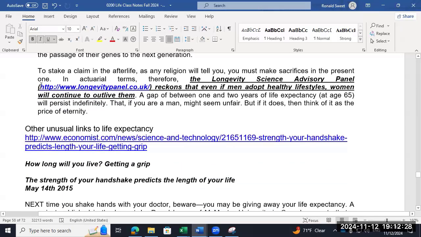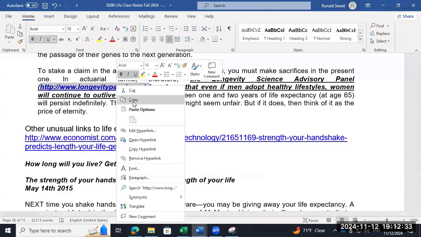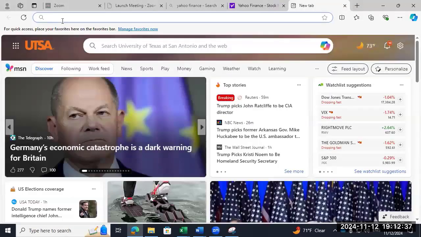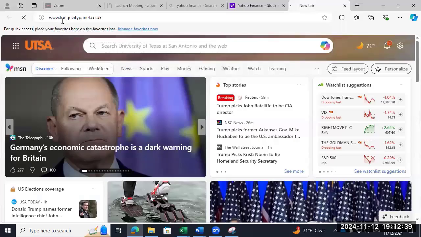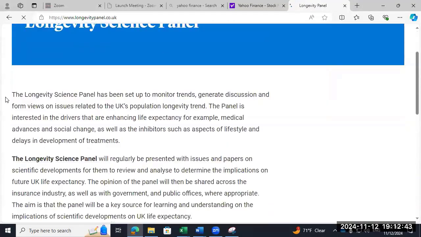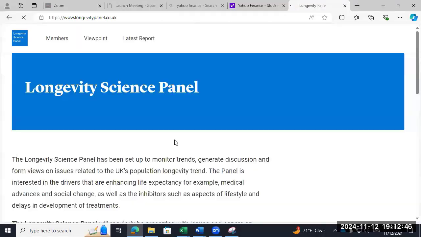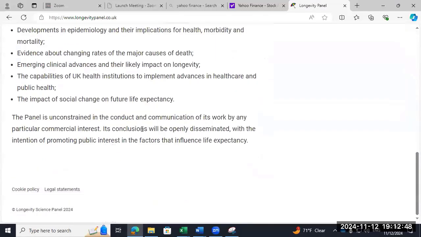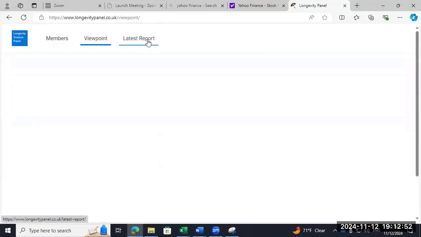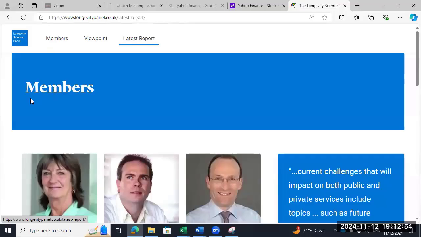And there's actually a longevity science panel in the UK. Let's see if it's still there. Last class I checked, it was still around. Did you know there was such a thing? There it is, the longevity science panel. I don't know when the last time they updated something. They don't have any dates on here. Not much to it. Members, latest report. Let's try that. What is their latest report?